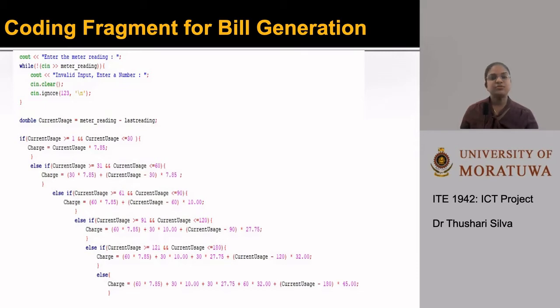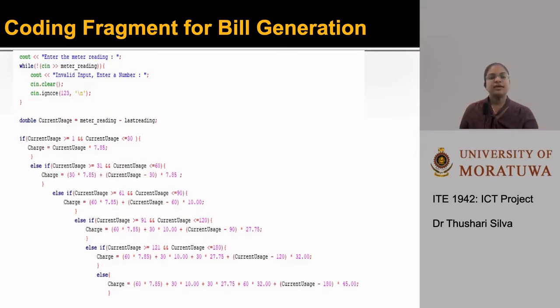Rates will be different from one range to another. And if you have more units, let's say between 61 and 90, another price will be paid for the extra units you are using above that.